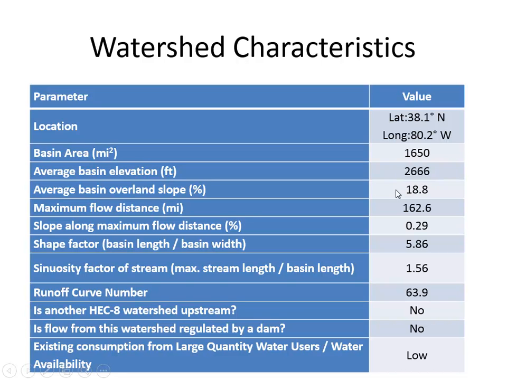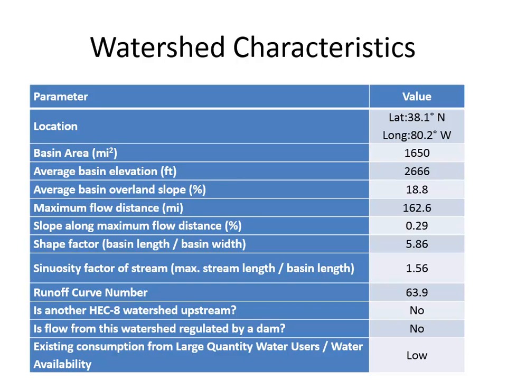That's over the entire watershed area, the average slope of the land is 18%. And slopes like that are kind of unique to West Virginia. People are a little bit shocked when I'm showing hydrologic models that I've built at how high the overland slopes are, because we're uniquely mountainous, with the entire state being so steep.